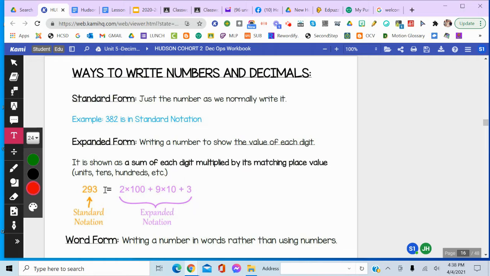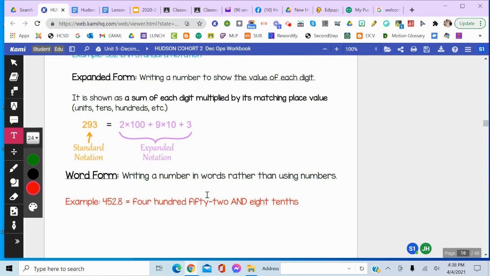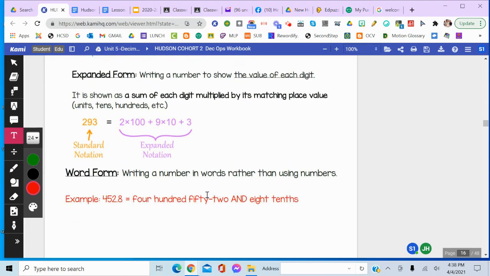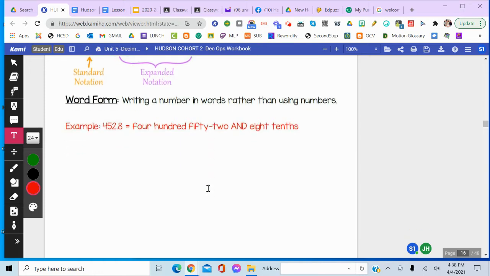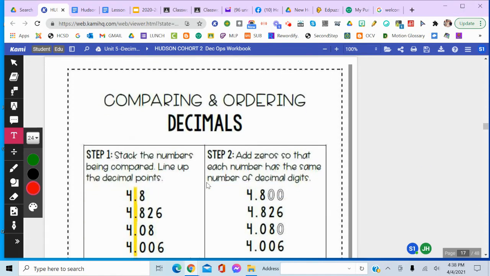You do this a lot more in the lower grades when you're learning values of place values and whole numbers and things like that. But you might see it. And then word form is what we just did, just being able to write a number in words rather than using the numbers. And you do need to be comfortable doing both, going from words to numbers and numbers to words in 6th grade.